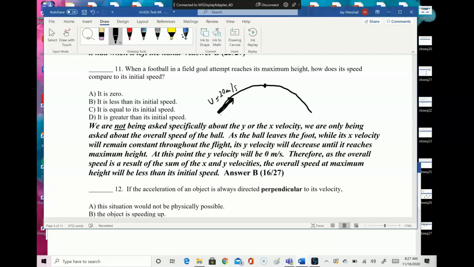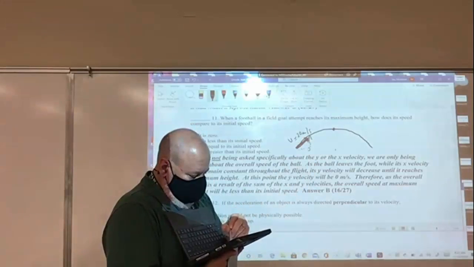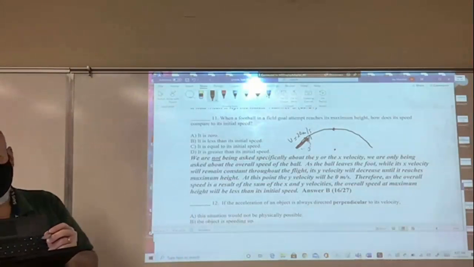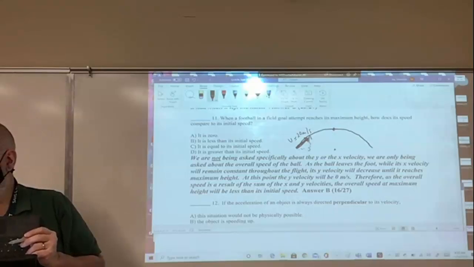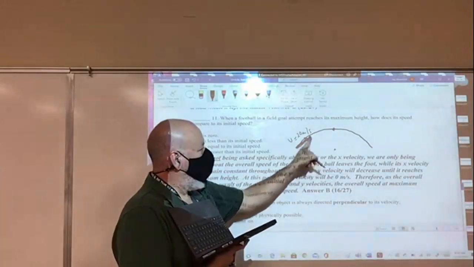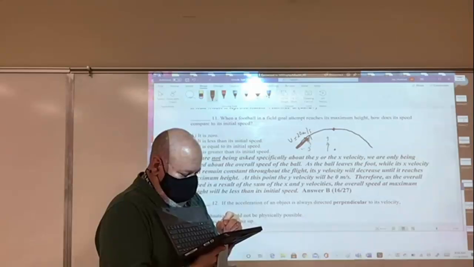And some of that velocity is in the horizontal direction. Some of that velocity is in the vertical direction. Okay, now when I get to the center there, what velocity am I going to just have? Am I going to have any vertical velocity there? It's all horizontal velocity, right? That vertical velocity went away. Right? That vertical velocity did this.